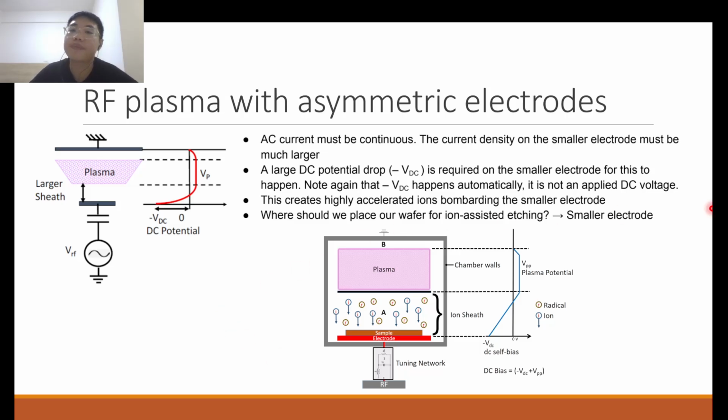And that's why for ion-assisted etching, for plasma etching, we always place our wafer on the smaller electrode. And so we see that the potential graph is something like this. The plasma has a higher potential, and then at the electrode where we place our wafer, there's a large potential gradient. And a large potential gradient, of course, you know that it means a large electric field.